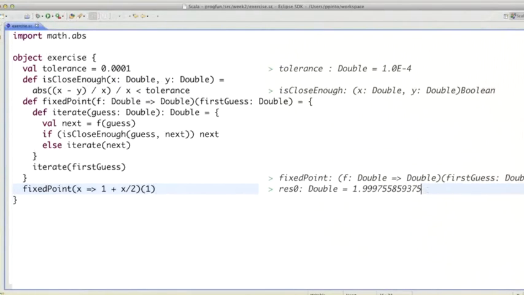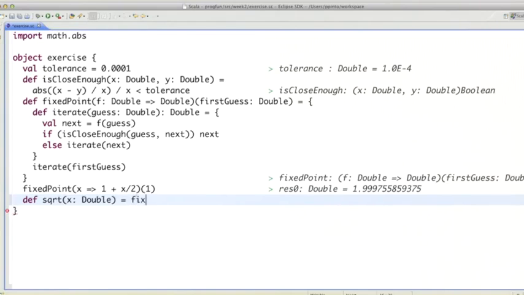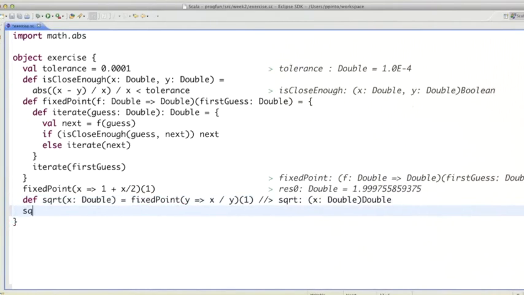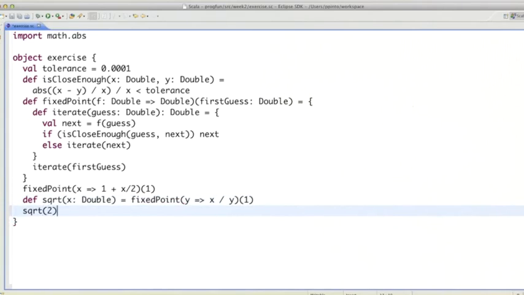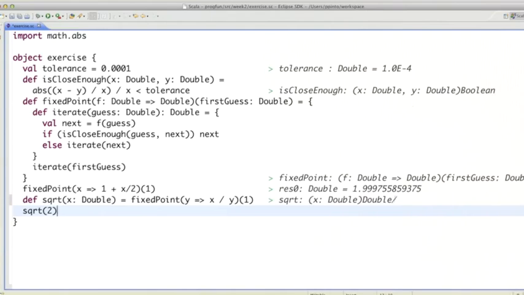So we would have def square root of x equals fixedPoint of y maps to x over y and 1 as the initial value. And let's try with our square root of 2. And we get, unfortunately, an infinite computation. This doesn't converge. Why not?